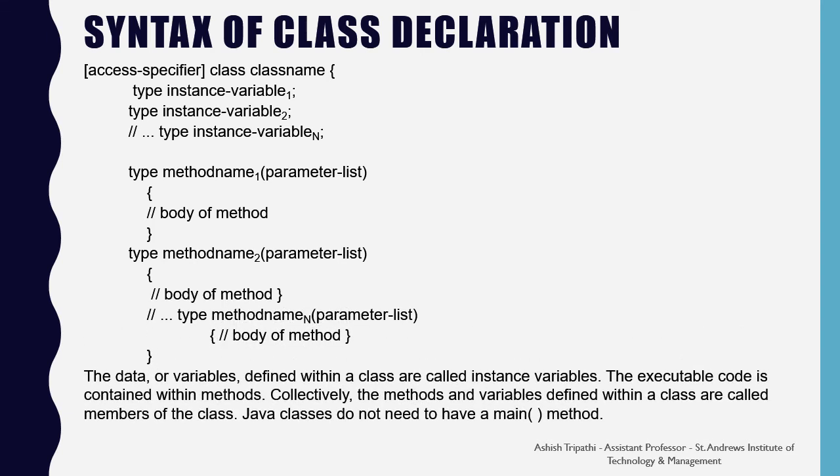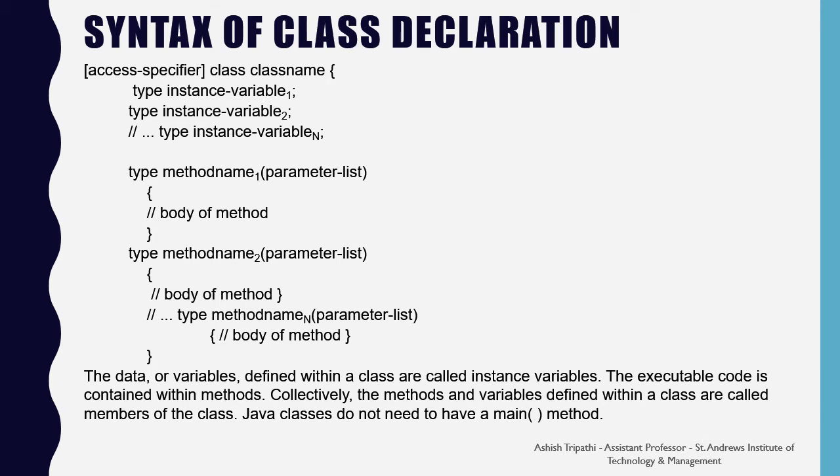The syntax of a class begins by declaring an access specifier like public, private or protected, followed by the class keyword and the class name. Next, we define various instance variables and member functions in it with proper data type.